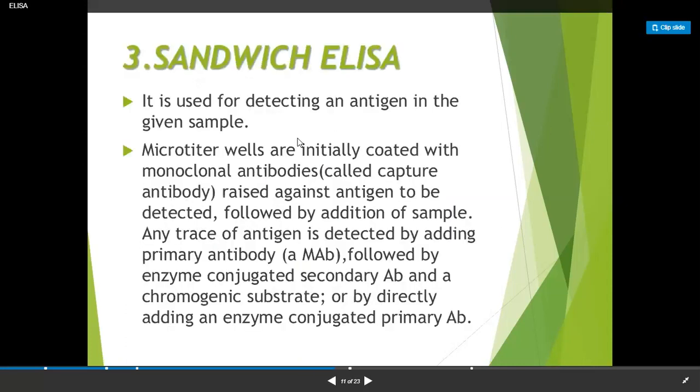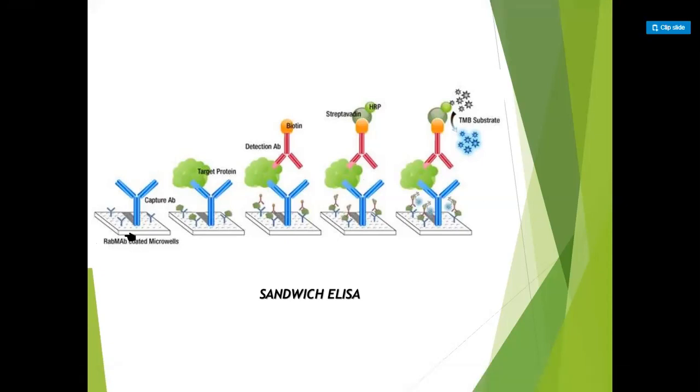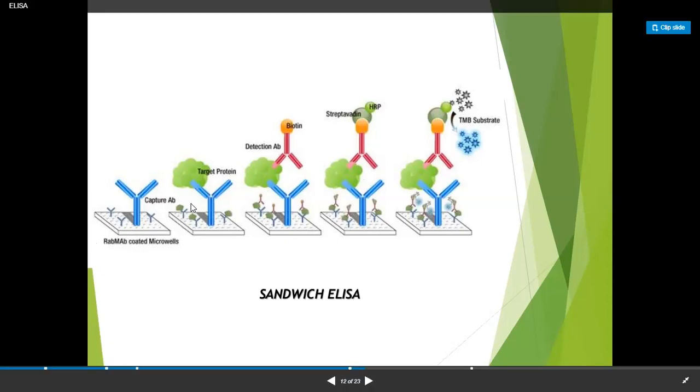The third one is sandwich ELISA. The sandwich ELISA is very simple. Simply, in the sandwich ELISA, what happens? There is an antibody which is bound to a microtiter plate, and to this antibody the antigen will be bound, and to this antigen the antibody which is conjugated with an enzyme will bind.